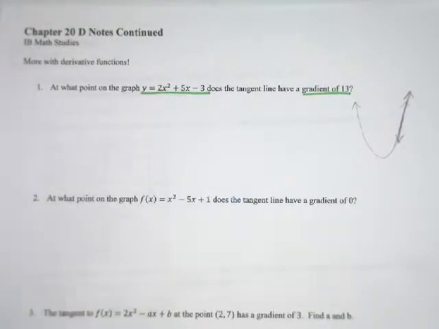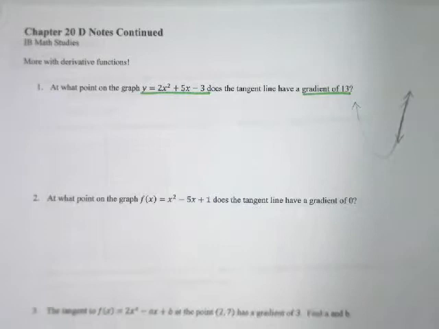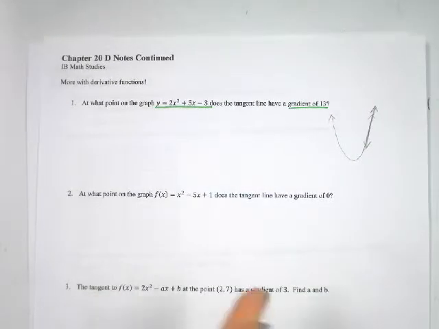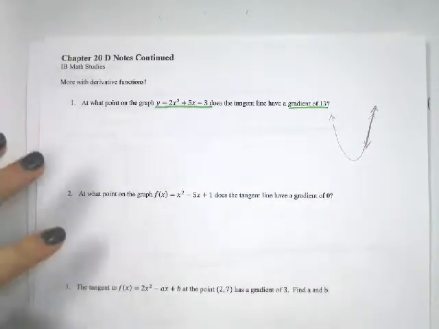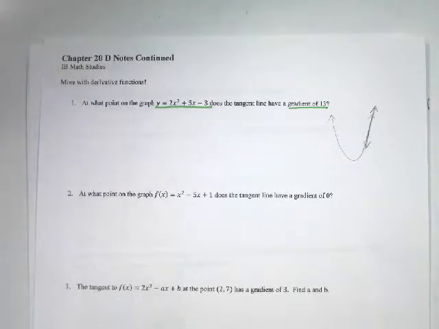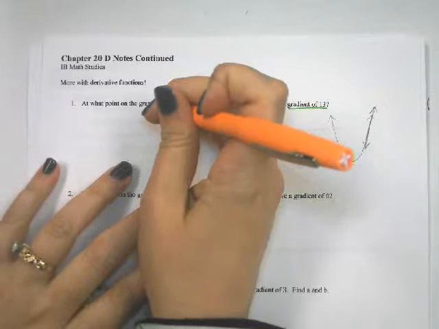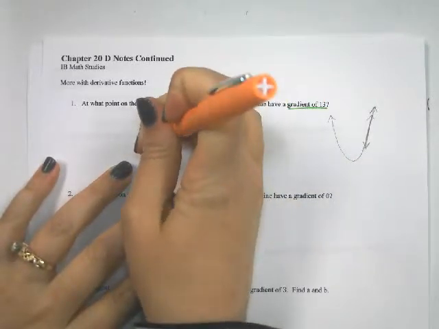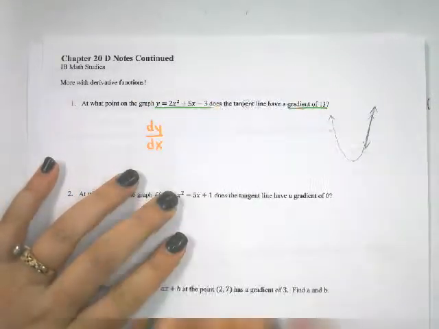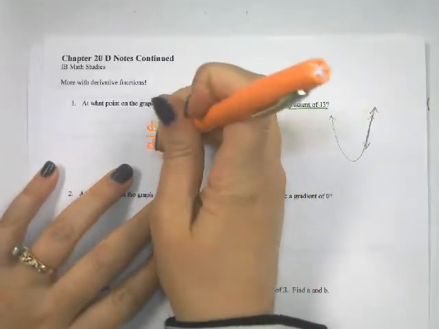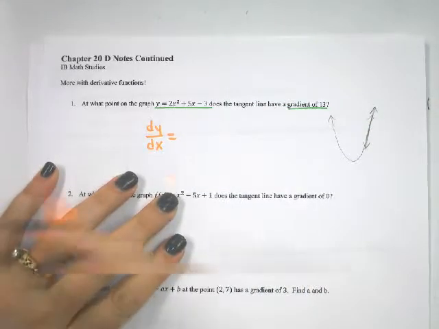To do this, we're going to find our derivative function, and then we're going to use that to find where it equals 13. So for my function, it's a polynomial, it's in standard form. To find the derivative function, since it's in terms of y, our derivative is dy dx, like this, equals.